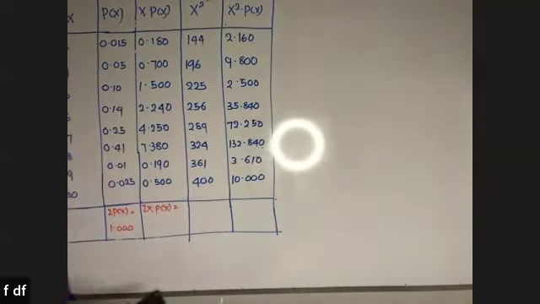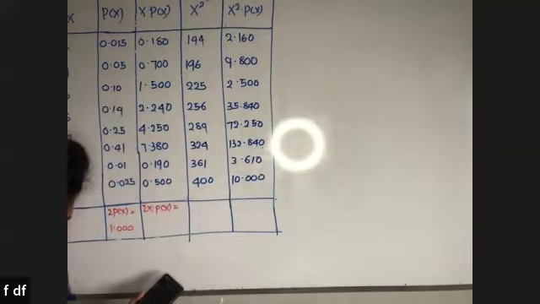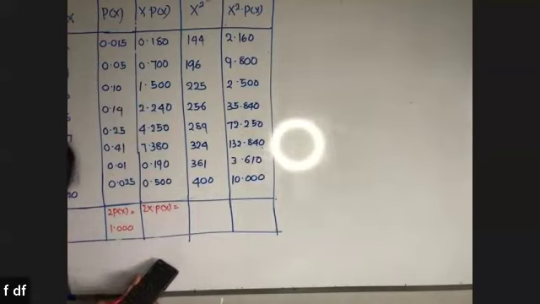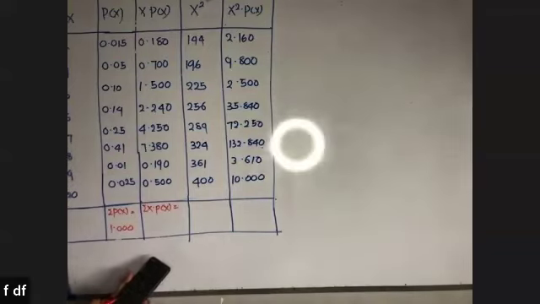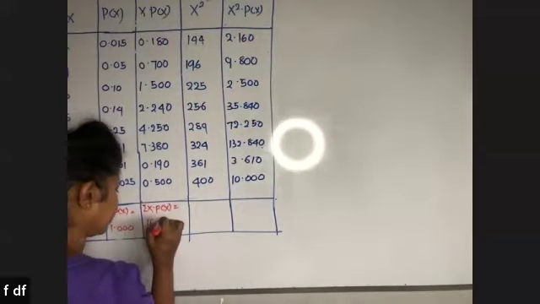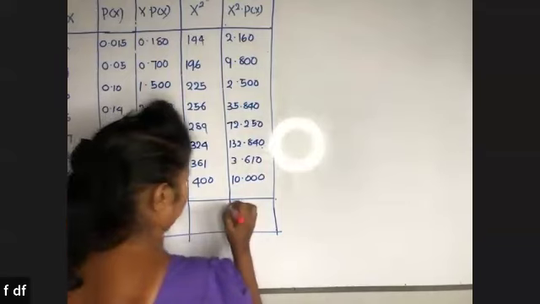We'll check it: 0.7 plus 1.5 plus 2.24 plus 4.25 plus 7.38 plus 0.19 plus 0.5. That is 16.94.